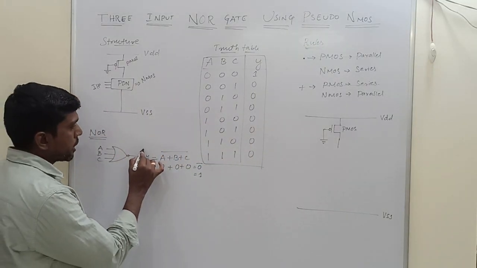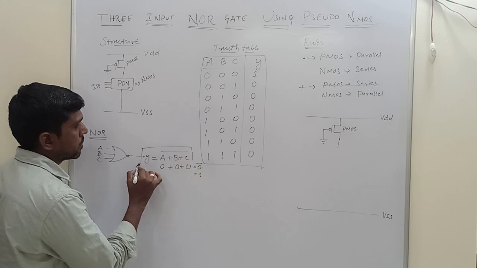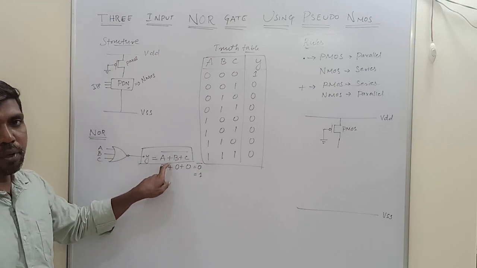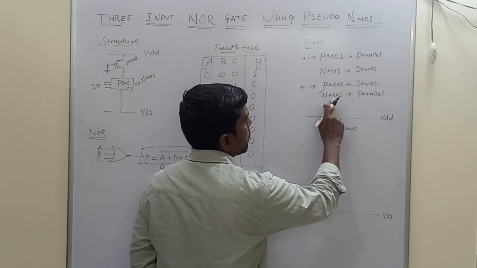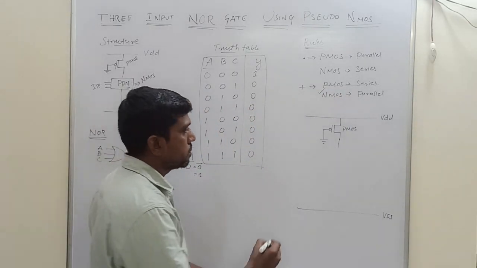In this Boolean expression, the plus operator is present, so you just consider this rule: NMOS transistors are connected in parallel.